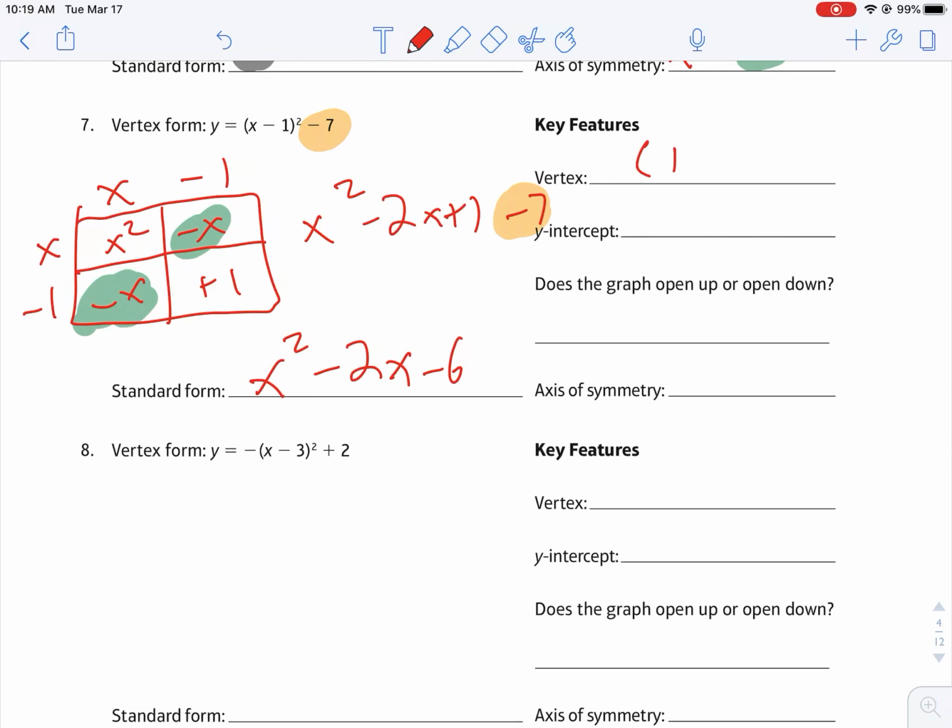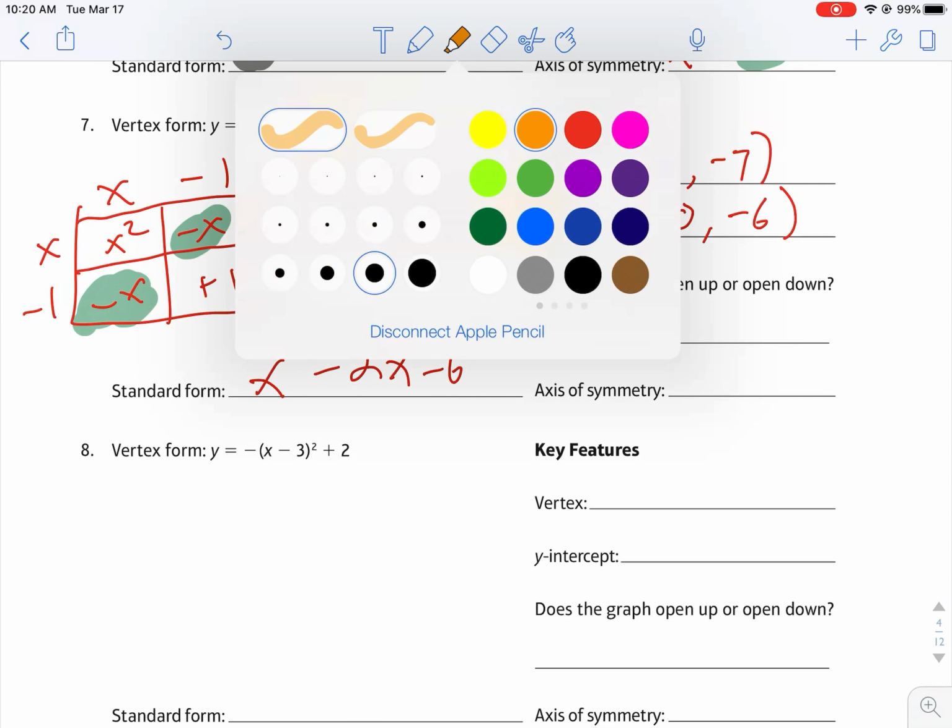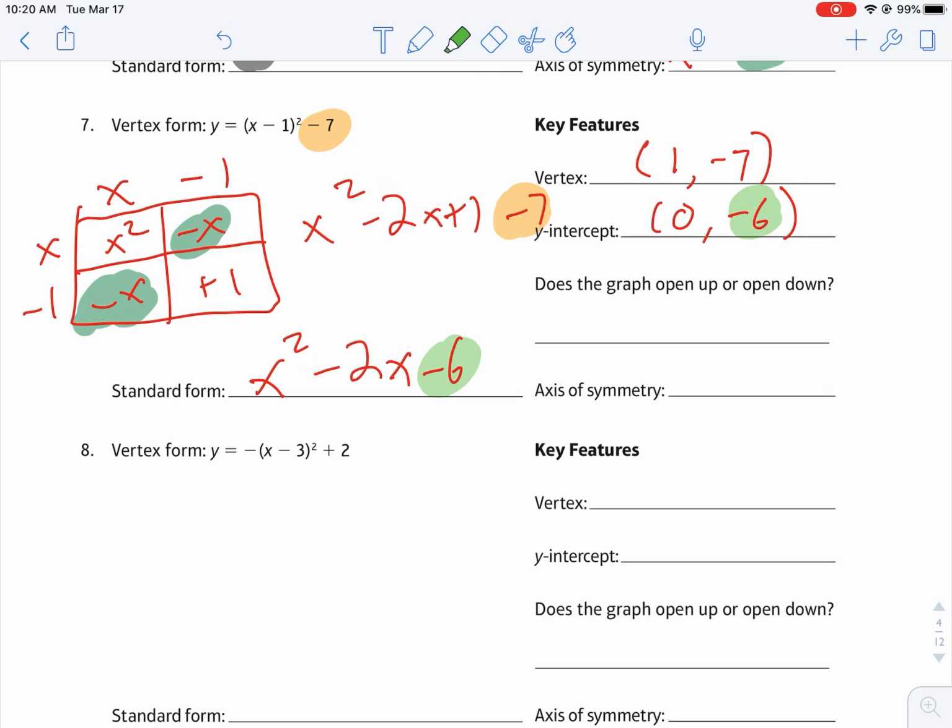My vertex will be positive 1, comma negative 7. My y-intercept will be 0, comma negative 7. No, not negative 7. It will be negative 6, because in my standard form, that's where I get my y-intercept. The graph opens upwards, and the axis of symmetry is x equals 1.